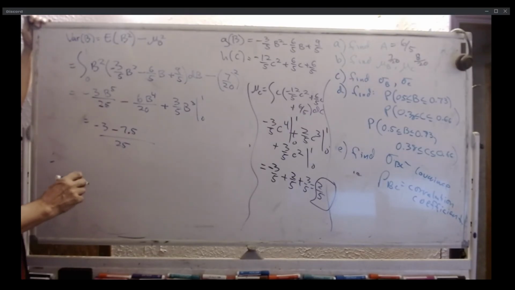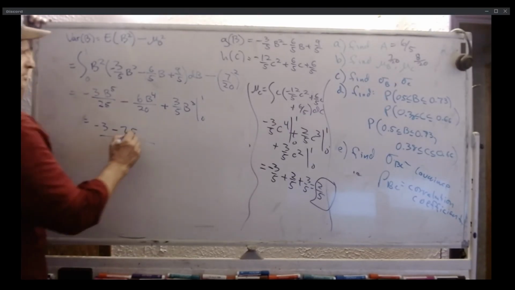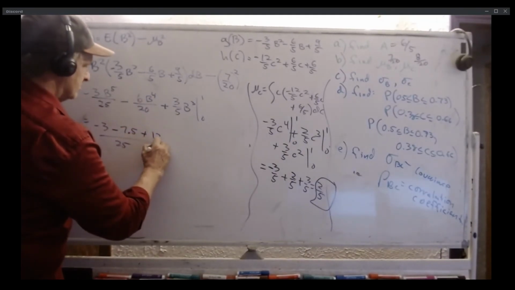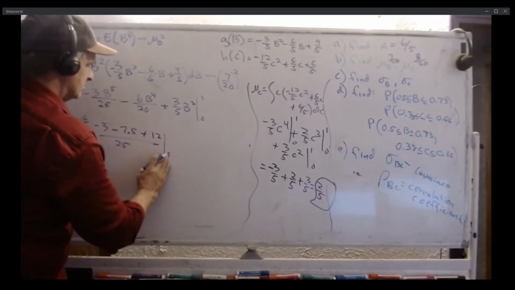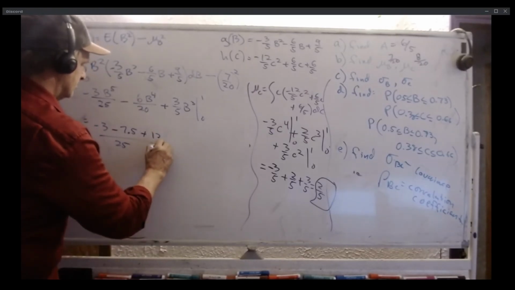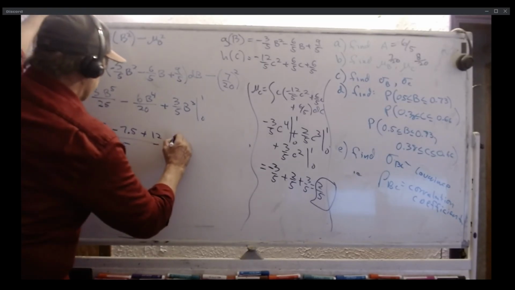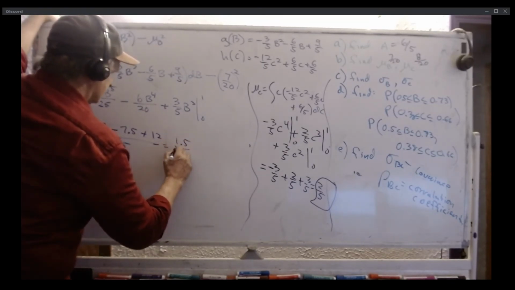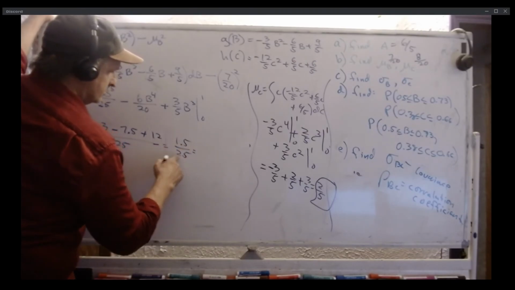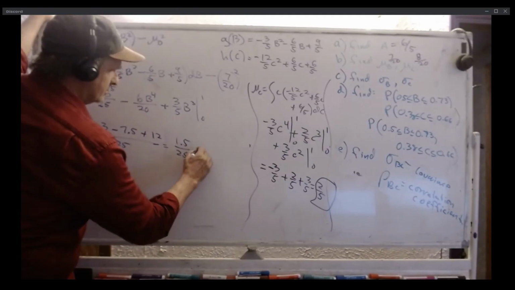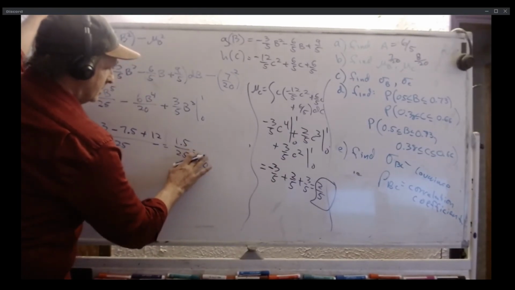Right? I think this is right. Multiply by 2. I get 3 out of 50.